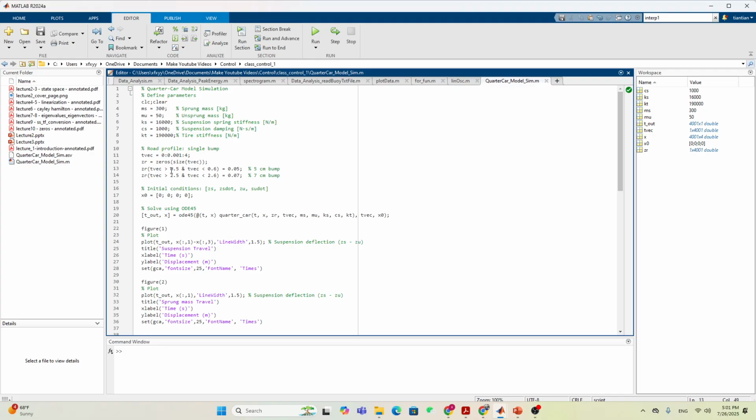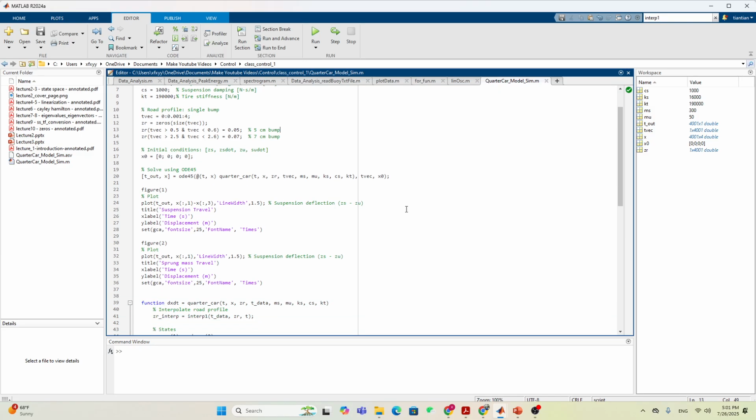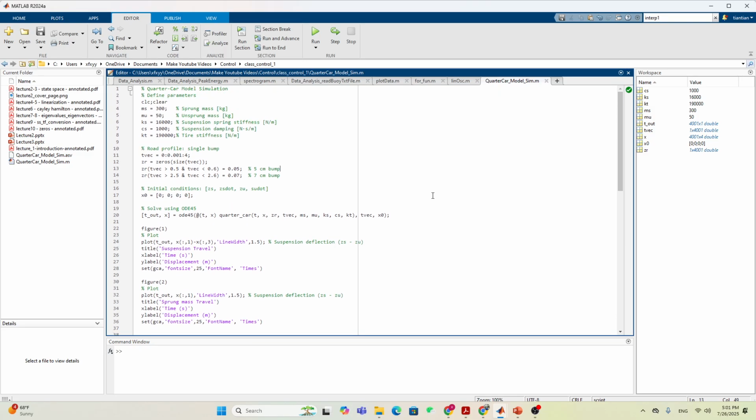Between 0.5 and 0.6 second, we introduce a bump, which is a step response for our quarter car model. And from 2.5 to 2.6 seconds, we introduce another bump. That will be considered a second disturbance. And we are using ODE45 to solve the equation of motion, and we can look at the time response.